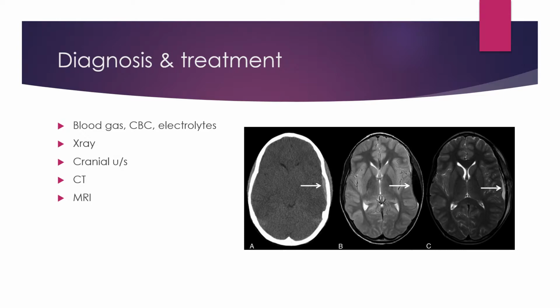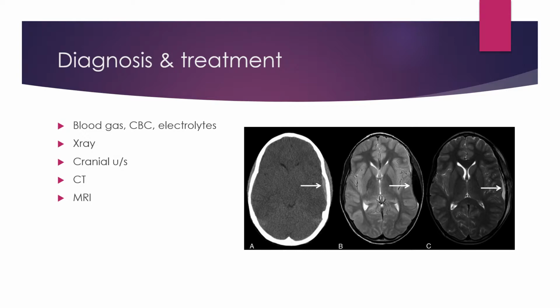If the patient is fairly stable and you're going to admit them to be observed overnight, then you could arrange for an MRI the next day that will give you more information. And then, of course, treatment, depending on where the injury is, that's going to guide what kind of treatment is available.